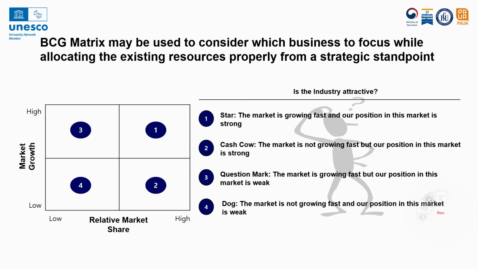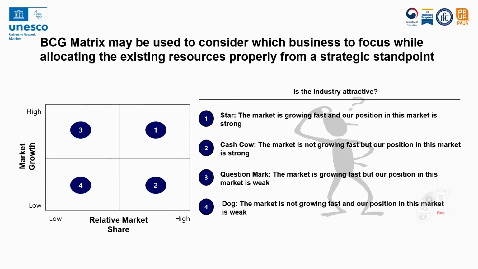So specifically, the BCG matrix can be used to decide in which industry we focus more or not, and in which industry we invest our resources more or not. So it's related to rebalancing the existing business portfolios.